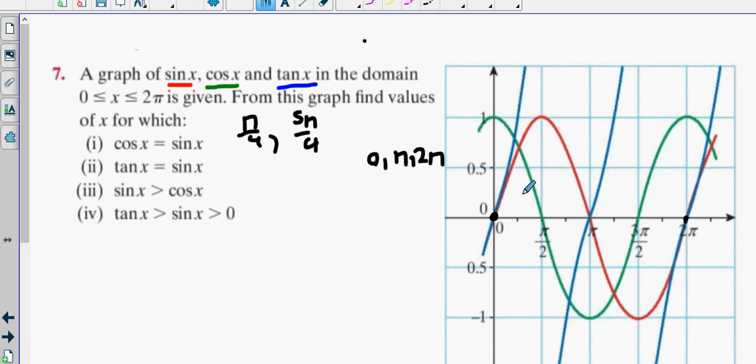So anywhere from 0 to 90, but not including 90, because tan is not defined at 90, so it's going to be 0 to 90 degrees that happens. Or 0 less than x less than pi over 2 that happens. But then it happens again. Oh yeah, it happens again over here.